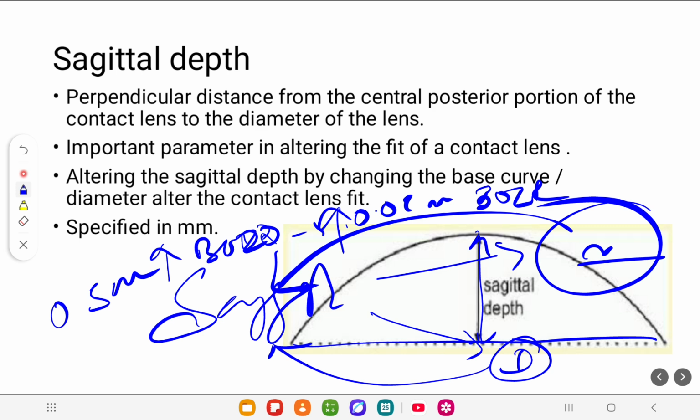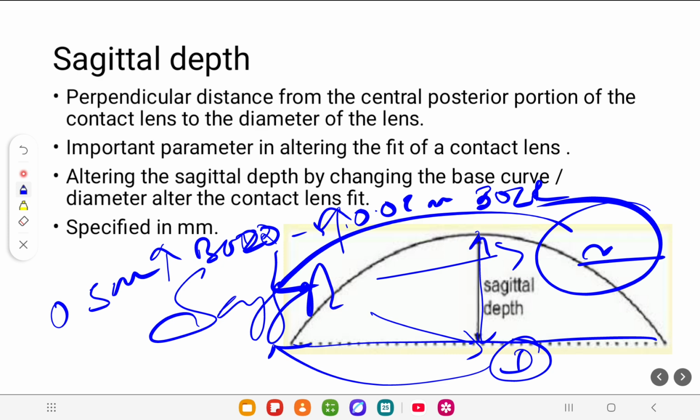It's an important parameter in altering the fit of the contact lens, because the higher the sagittal depth, the steeper the fitting. The lower the sagittal depth, the looser the fitting. So altering the sagittal depth by changing the base curve or diameter alters the contact lens fit and is specified in mm.